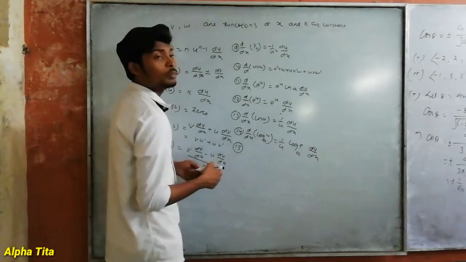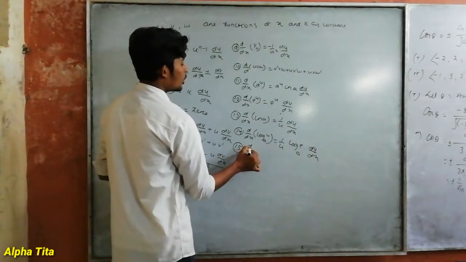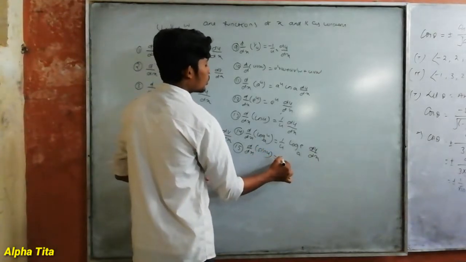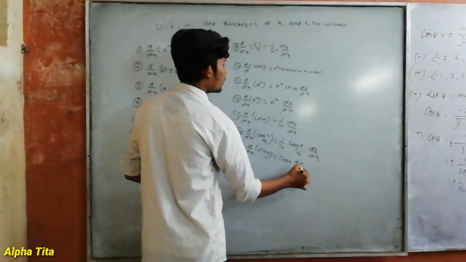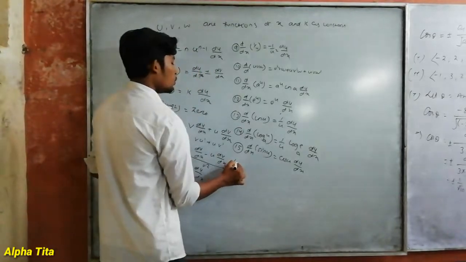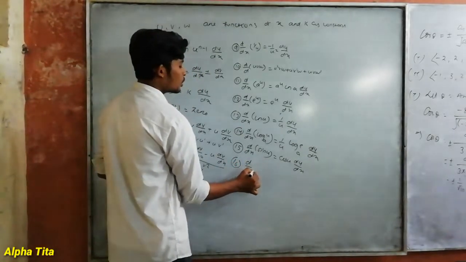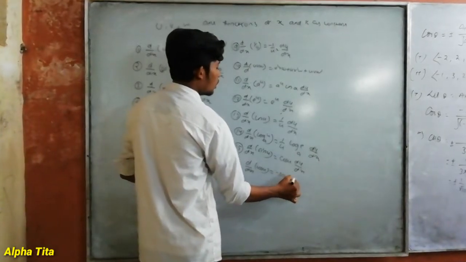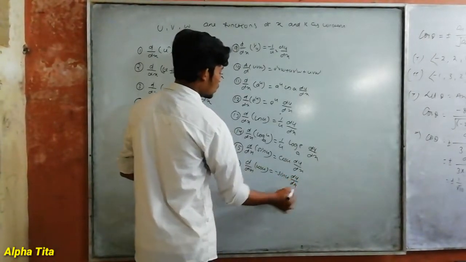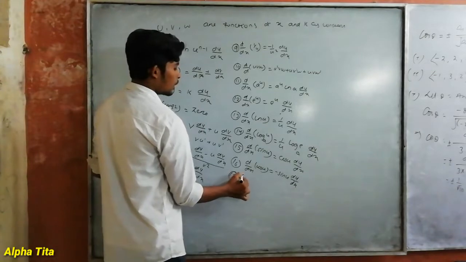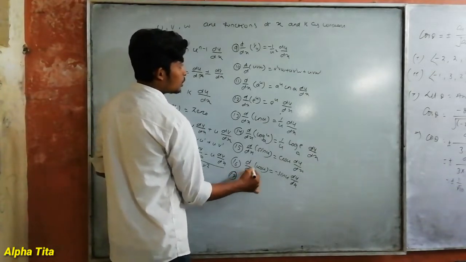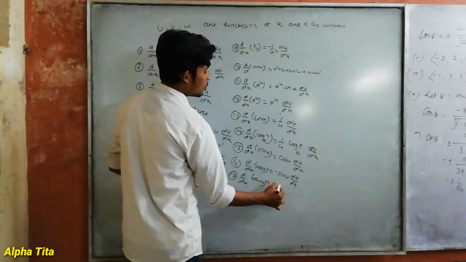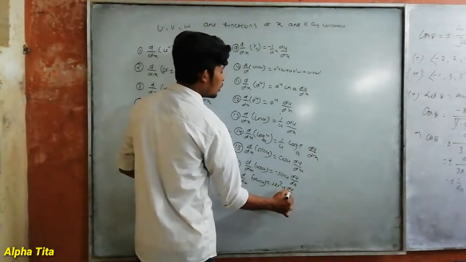Now the derivatives of trigonometric functions. d by dx of sin u gives cos u du by dx. d by dx of cos u gives minus sin u du by dx. d by dx of tan u gives sec square u du by dx.